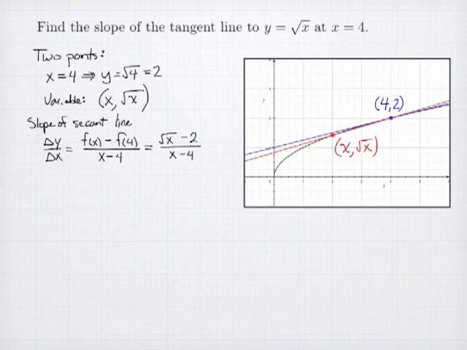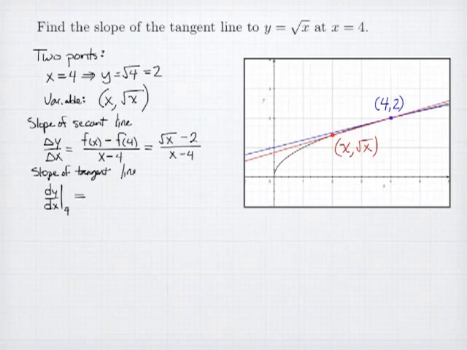The slope of the tangent line is the derivative. So our derivative, dy dx, evaluated at the point 4, imagines that this second point moves closer and closer to the first point, so that the red secant line looks more and more like the blue tangent line.